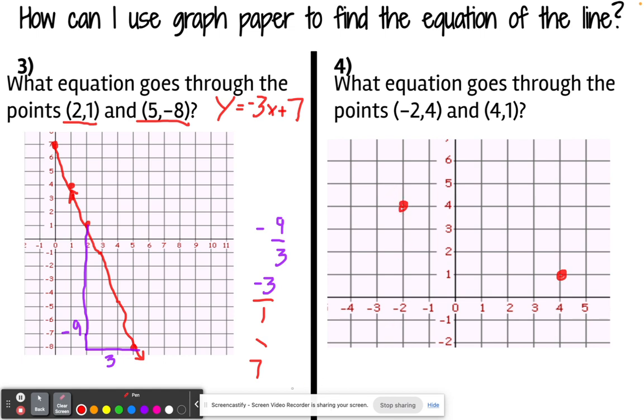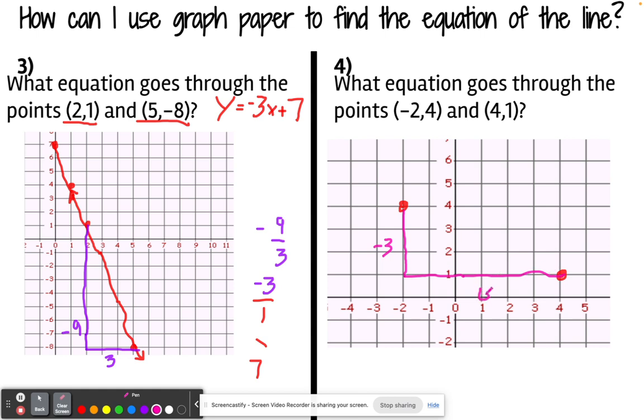I'm going to figure out my slope first so that if I can simplify, it'll make it easier to count. So I'm going down and over. It's a negative slope again. And it's down 3 and over 1, 2, 3, 4, 5, 6.